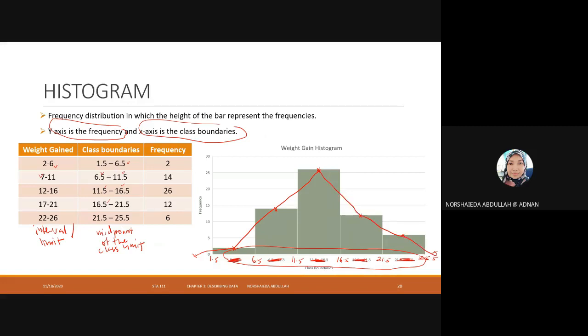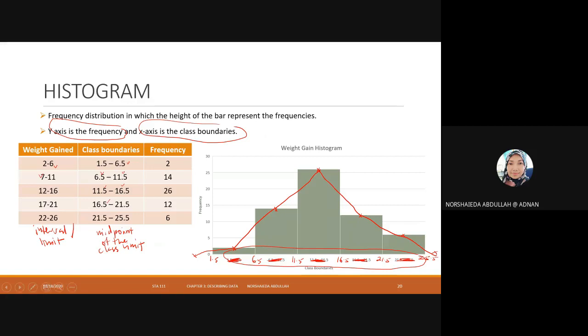So this is how we get the frequency polygon, okay, from the histogram. And then we just connect the midpoint of the top of the bar, we get the frequency polygon. Okay, from histogram and frequency polygon, from these two display, we can see the distribution of the data. Okay, we can see roughly the distribution of the data.